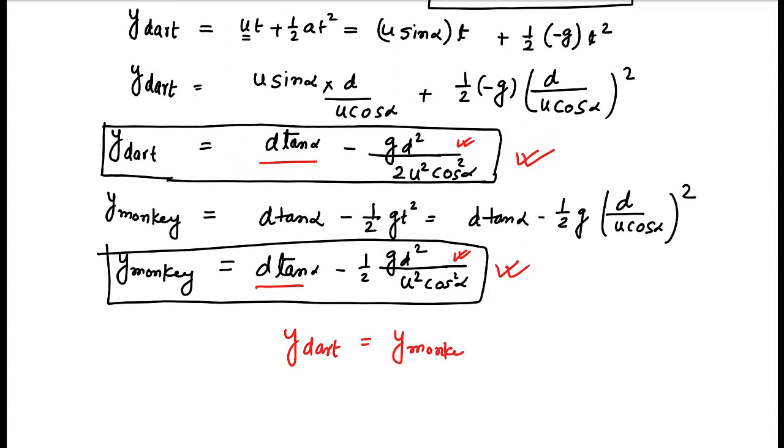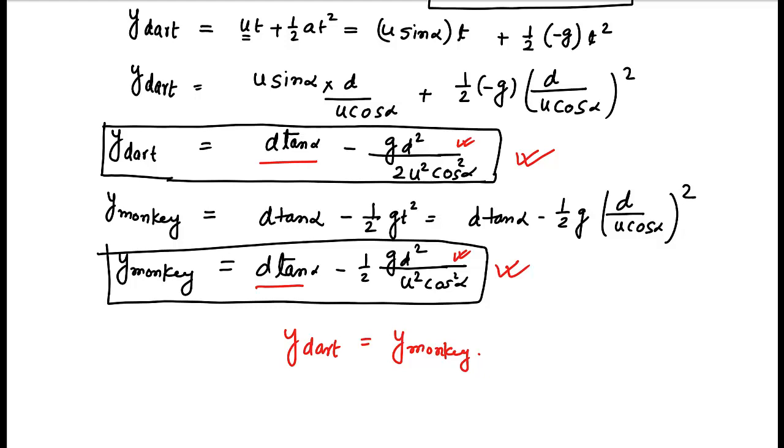This means the dot is going to hit the monkey, and this is true for any time. In both cases it is basically free fall acceleration, and that's why the monkey will always be hit by the dot.